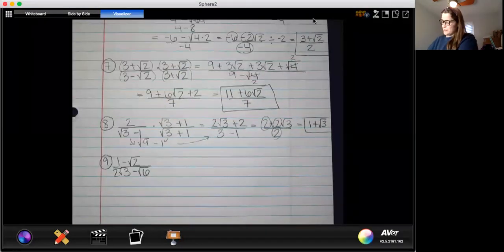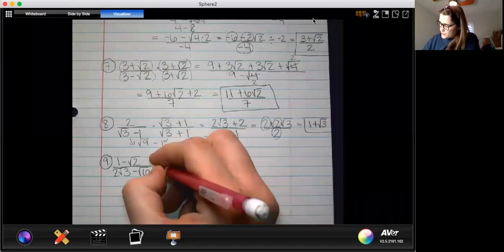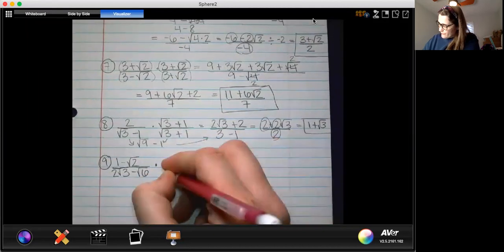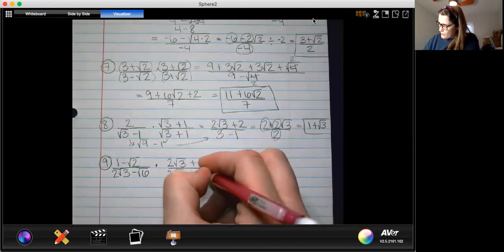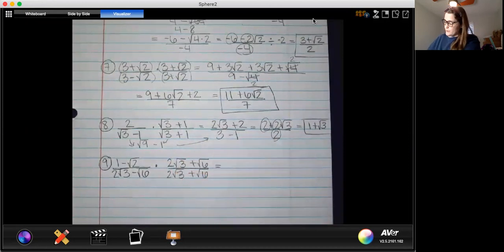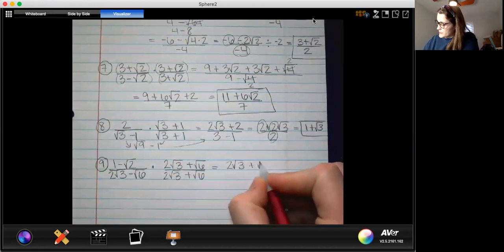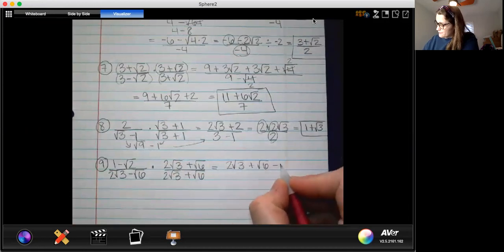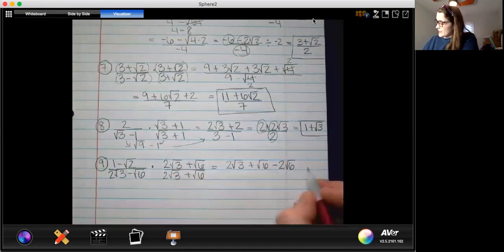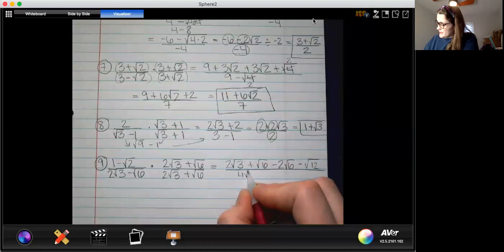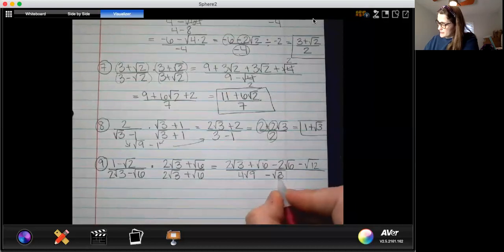Okay, let's see how you did on this one. So we're going to multiply by 2 square root of 3 plus square root of 6. Okay, we're going to FOIL the top. 2 square root of 3 plus square root of 6 minus 2 square root of 6 minus square root of 12 divided by 4 square root of 9 minus square root of 36.